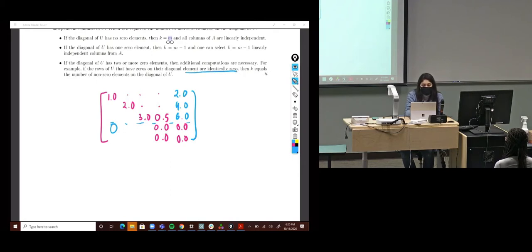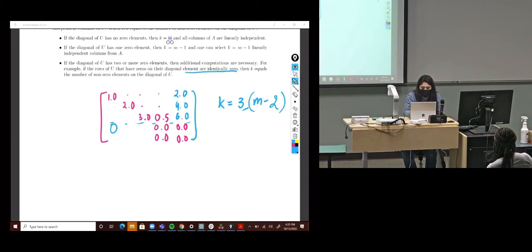This is what it's saying. Then K equals the number of non-zero elements on the diagonal of U. So in this case, our K equals 3, which is M minus the number of zeros on the diagonal, which is 2.